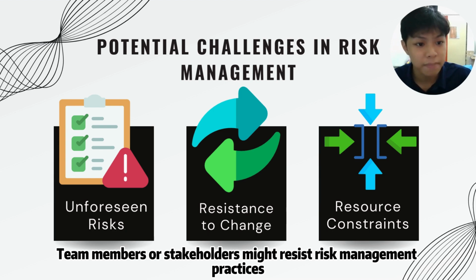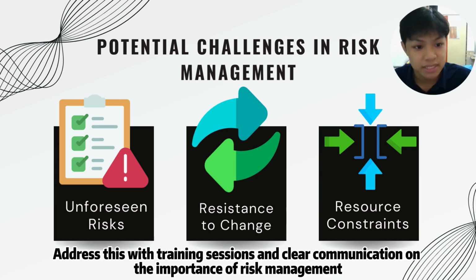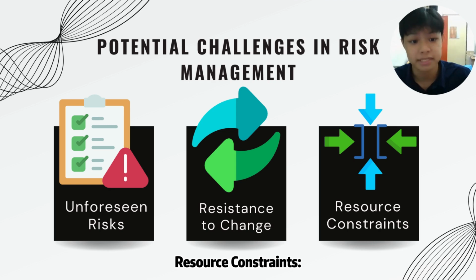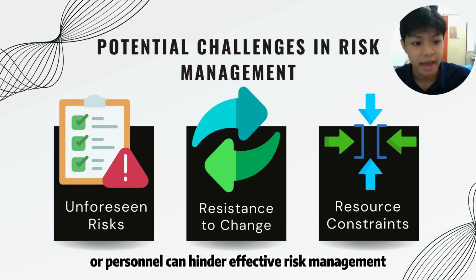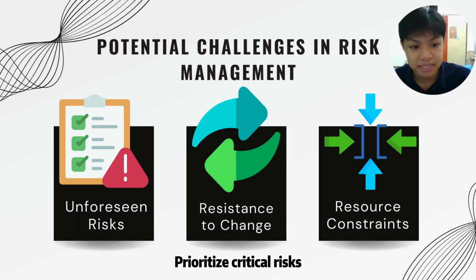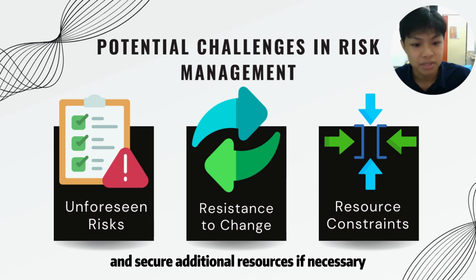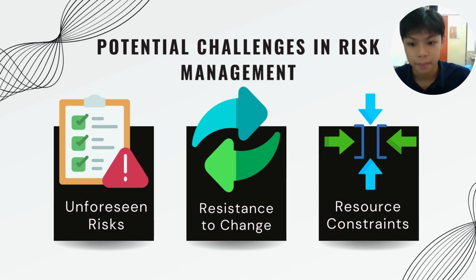Team members or stakeholders might resist risk management practices; address this with training sessions and clear communication on the importance of risk management. And the third one is resource constraints, where limited budgets, time, or personnel can hamper effective risk management. Prioritize critical risks, leverage automation tools, and secure additional resources if necessary.